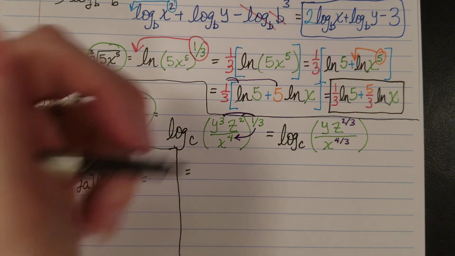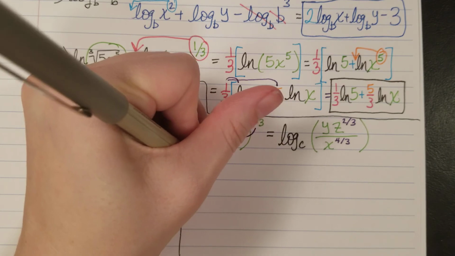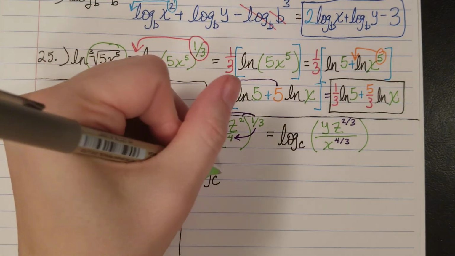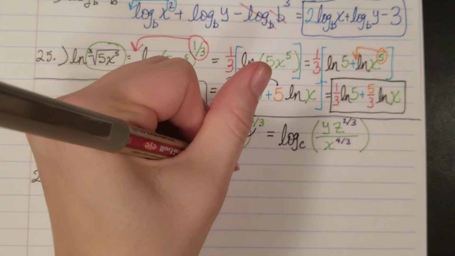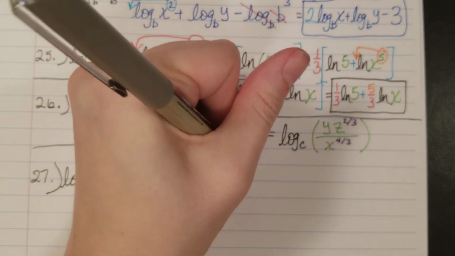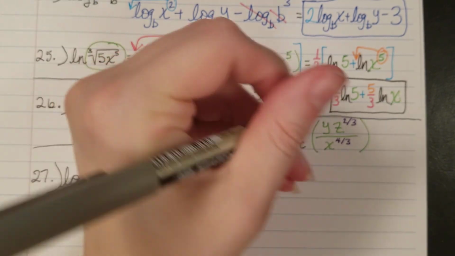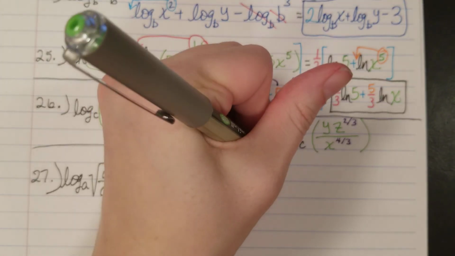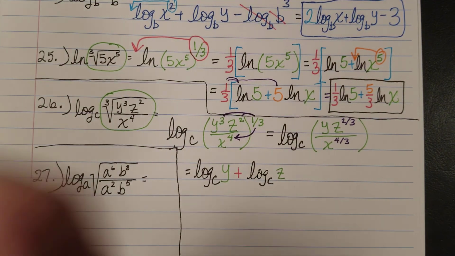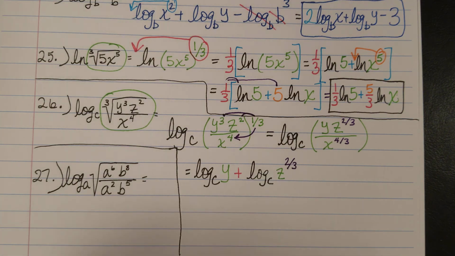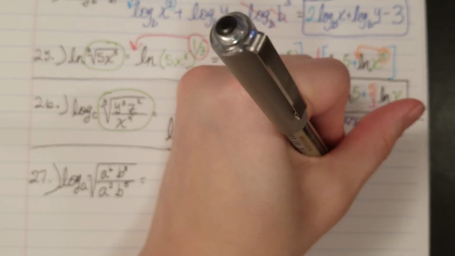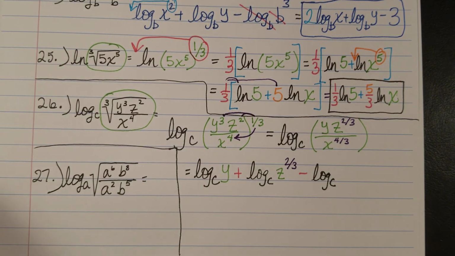So I'm going to have log base C of y plus log base C of z to the power of 2/3 minus log base C of x to the power of 4/3.